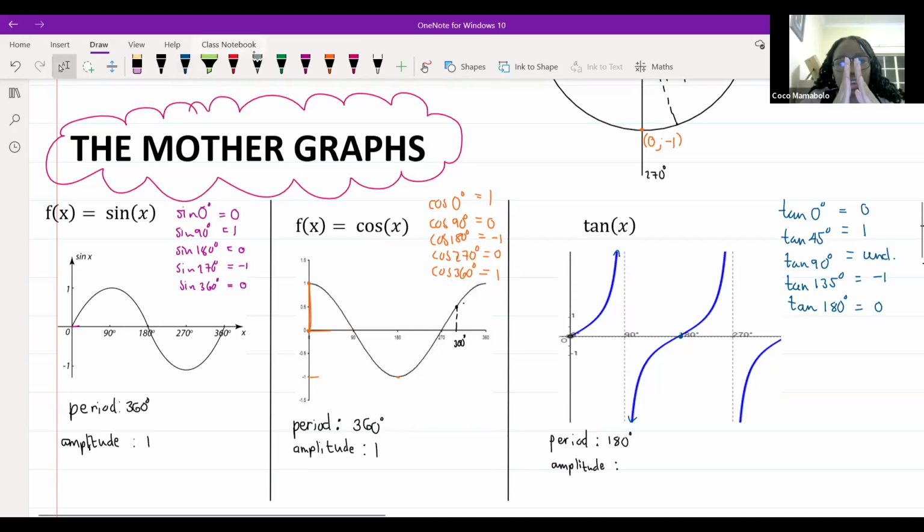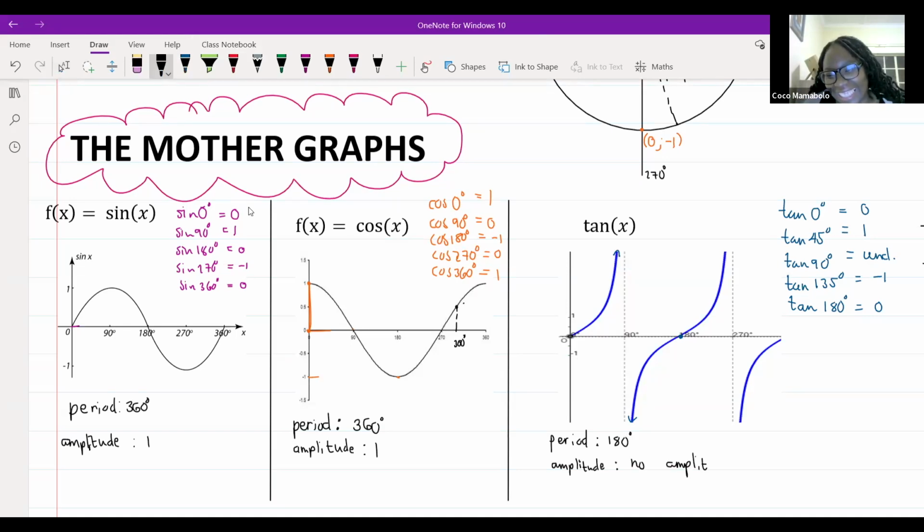They're both just going to keep going up, up, up. They'll get very, very close to each other and never actually touch, but they'll keep going all the way till infinity in both directions, because my graph is trying to get past my asymptote, and it's never going to be able to do that. So the tan graph has no amplitude. We say that it doesn't have an amplitude.